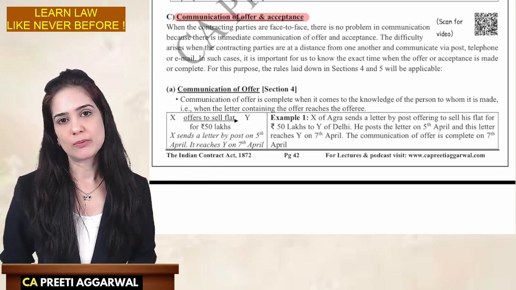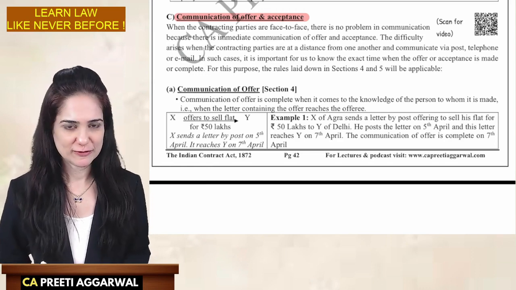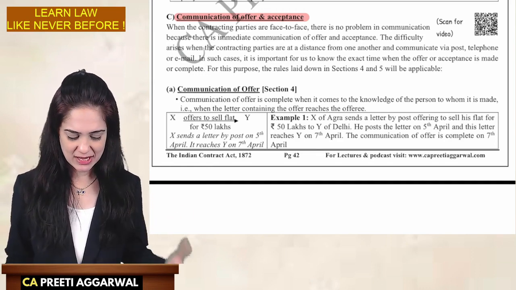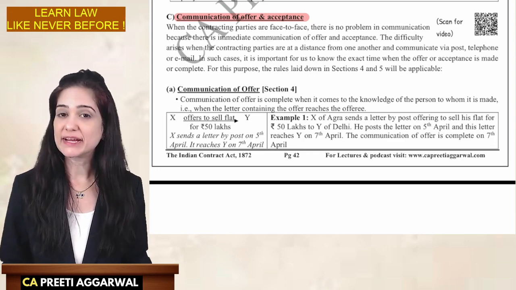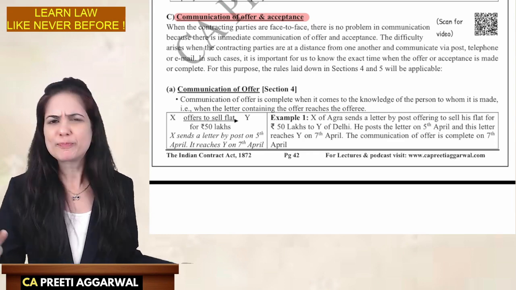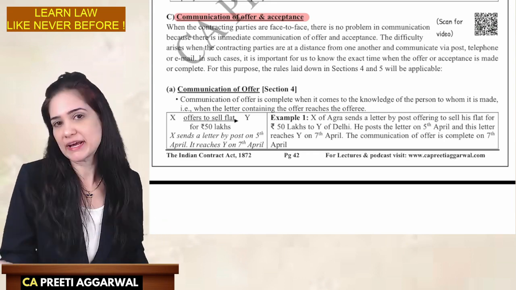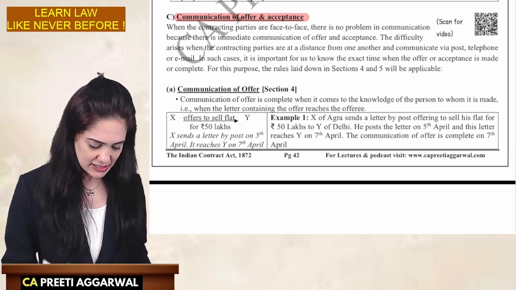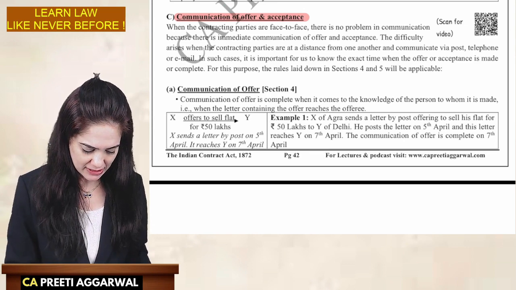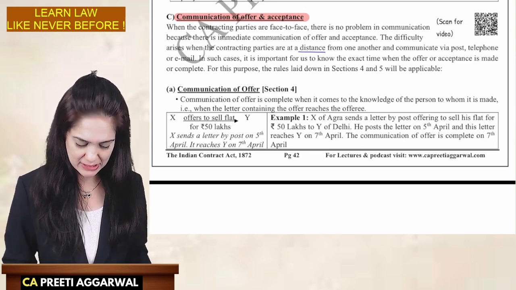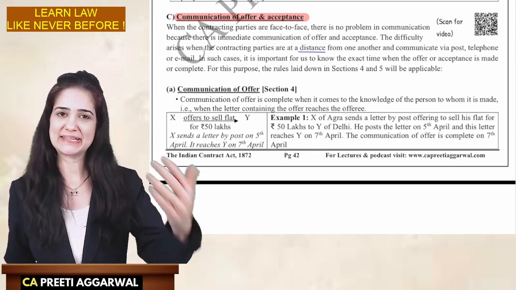Those rules are covered in section 4 and 5. When the contracting parties are sitting face to face, there's no problem in communication because there is an immediate communication of offer and acceptance. The difficulty arises when the contracting parties are at a distance from each other. One is in Mumbai, the other is in Delhi.